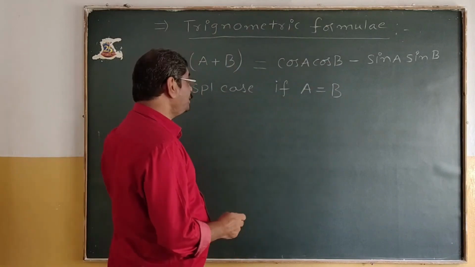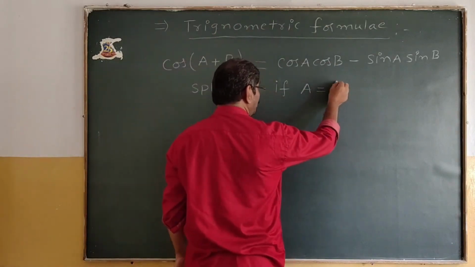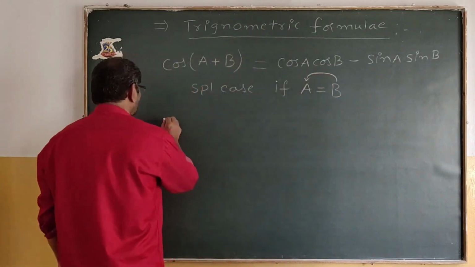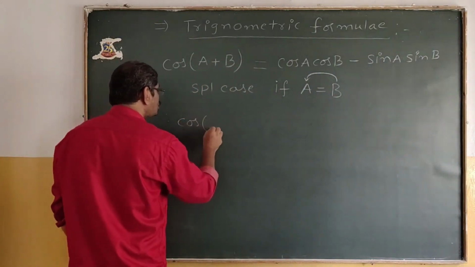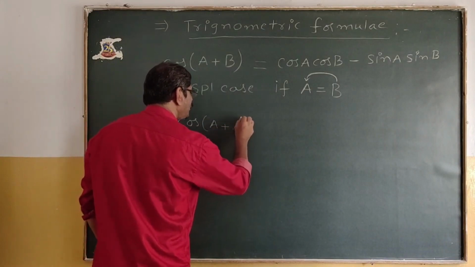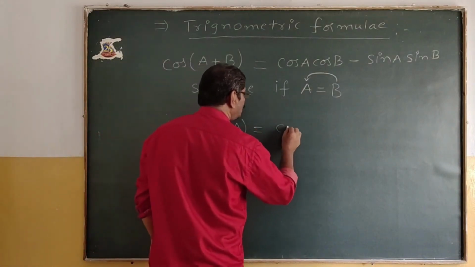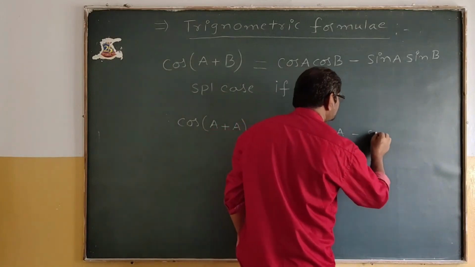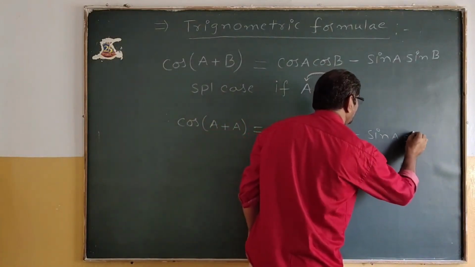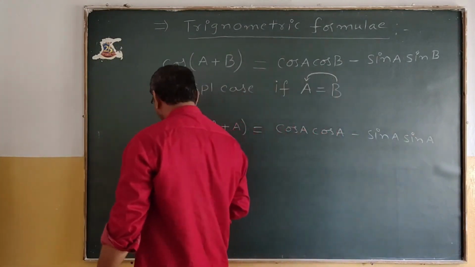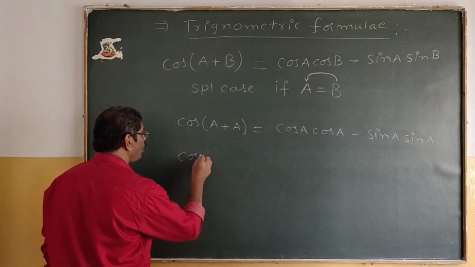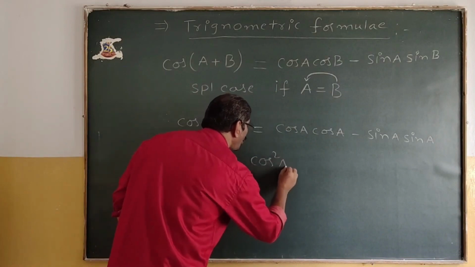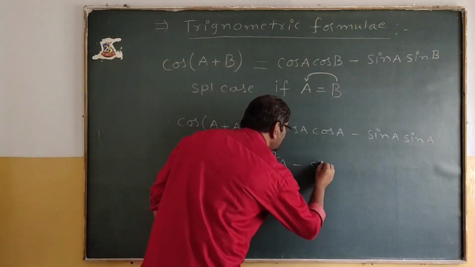Wherever you have B, replace it with A. So cos of A plus A will be equal to cos A into cos A minus sin A into sin A. So we are going to get another important formula: cos 2A will be equal to cos square A minus sin square A.